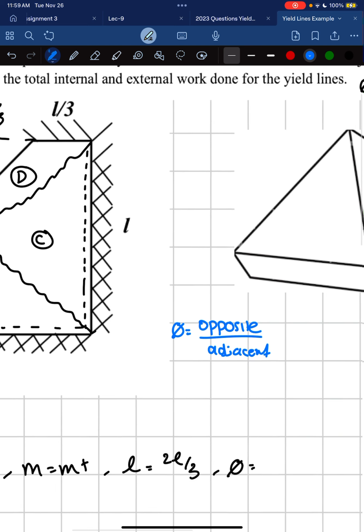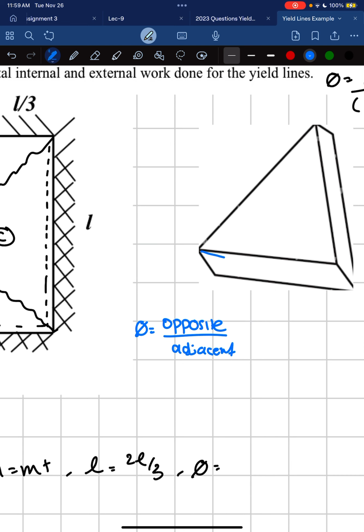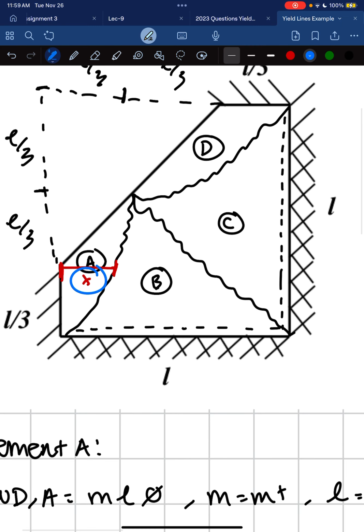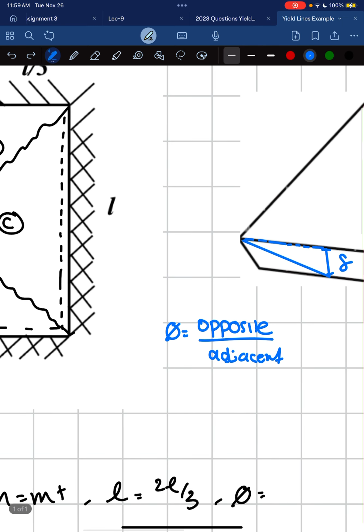It's deflecting into the paper, so if you imagine it going into the paper, it goes like that. This is your deflection distance, and this dotted line here is the x that we have, and we have your theta.